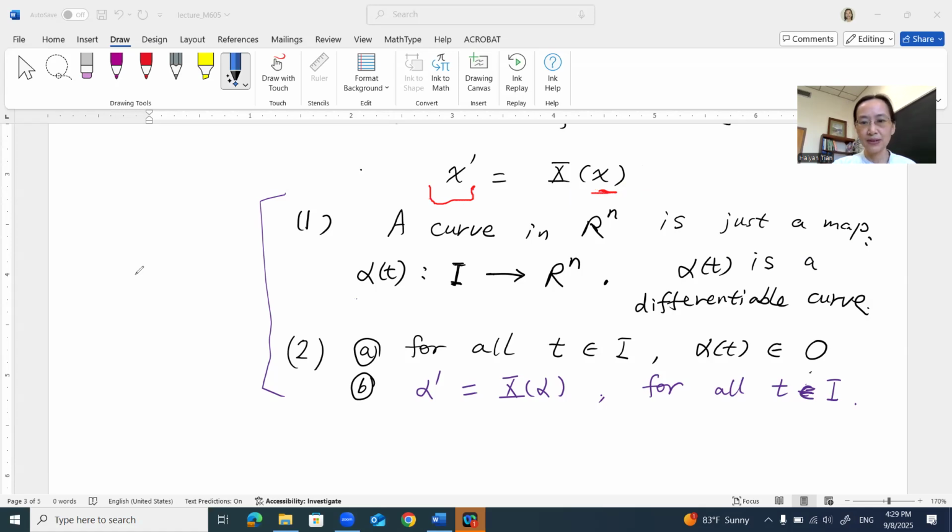So that will define a solution. With all those conditions met, if for all t, alpha of t derivative is equal to capital X at alpha of t, then this alpha is the solution curve.